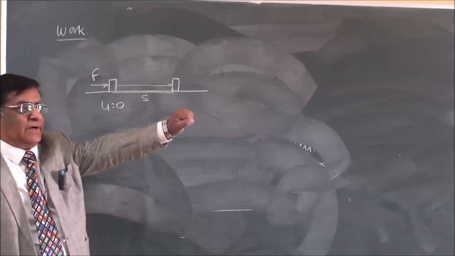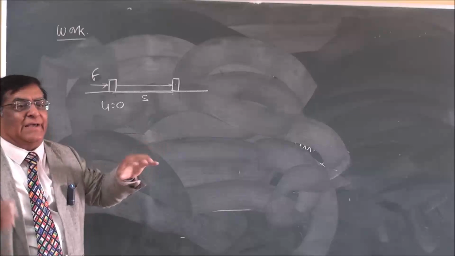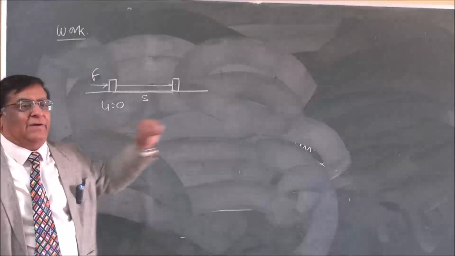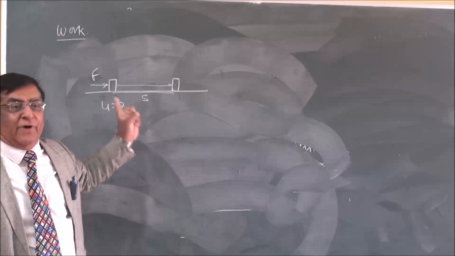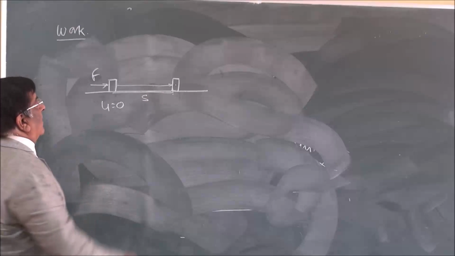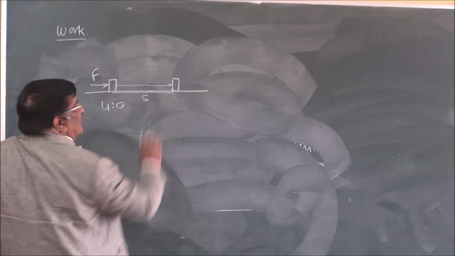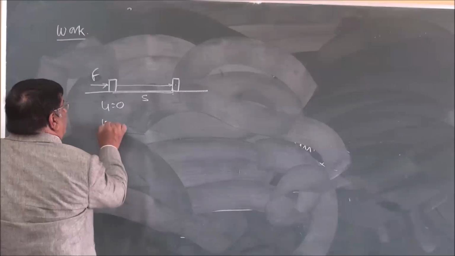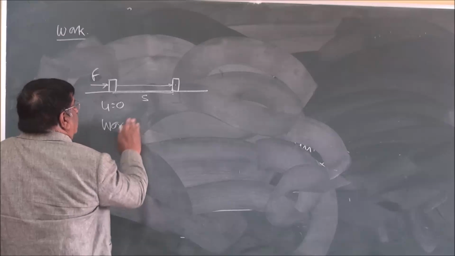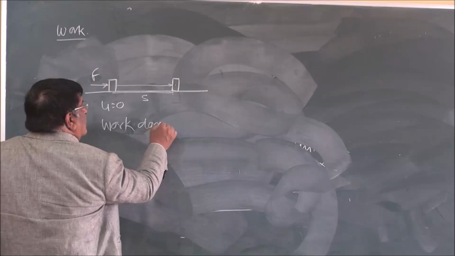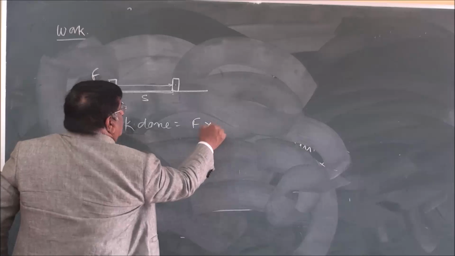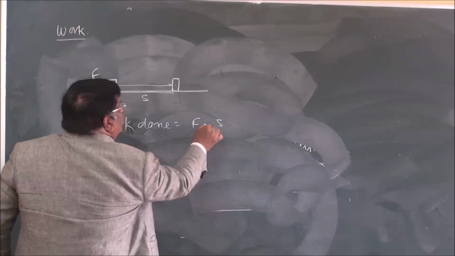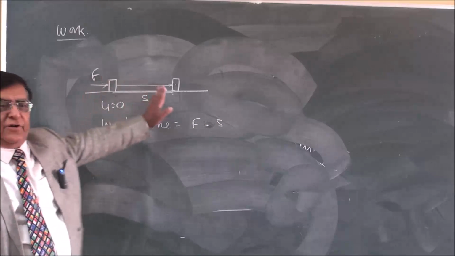I have started the force and pushed it. I spend my energy and do work on it. Now it goes to S distance. How much work have I done? F times S. This is the work I have done on it.